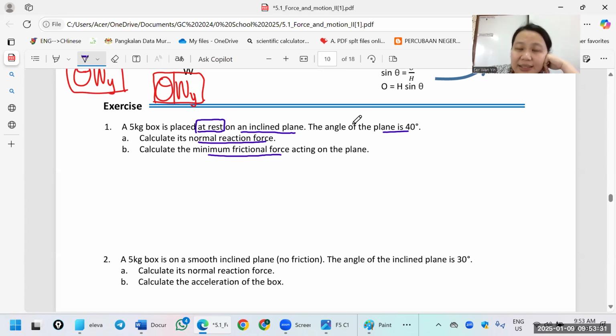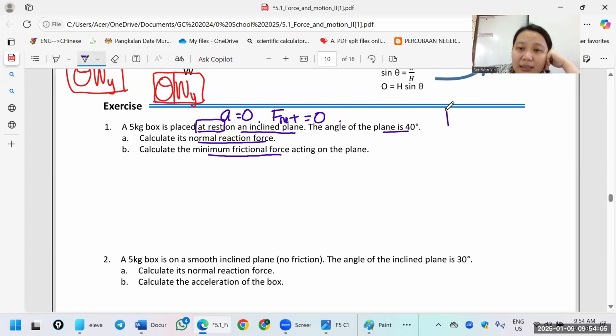At rest. Like, what's the meaning of at rest? Acceleration equals 0, correct, which means net force equals 0.